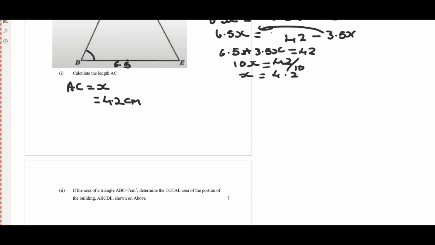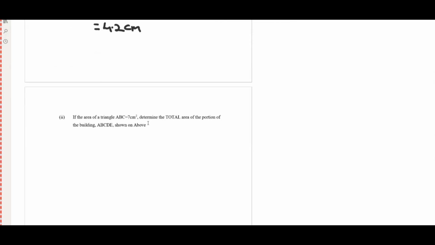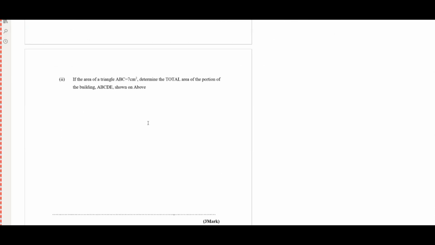Now they said that if triangle ABC is 7 centimeters squared, determine the total area of the portion of the building. Remember I told you that they are scale factors of each other.